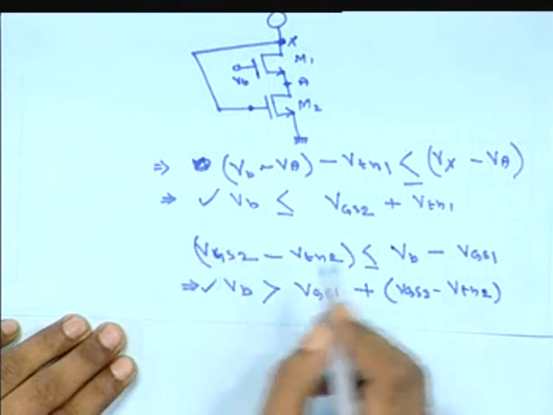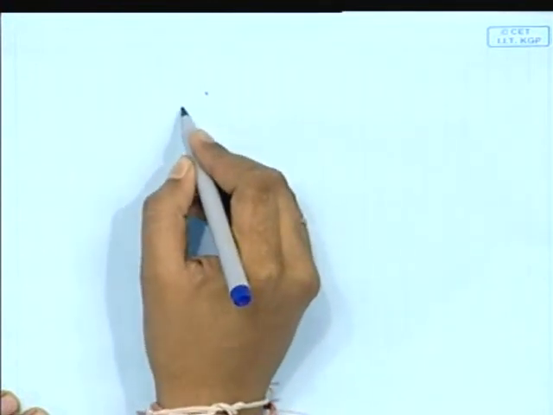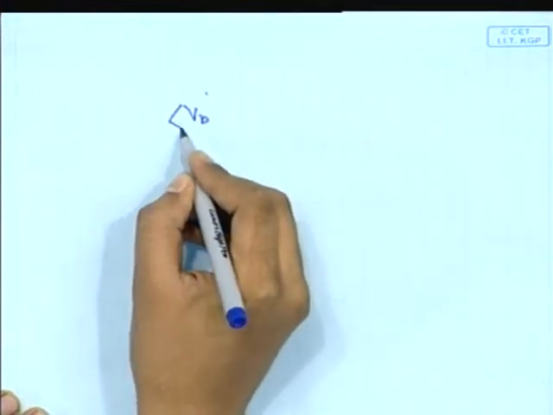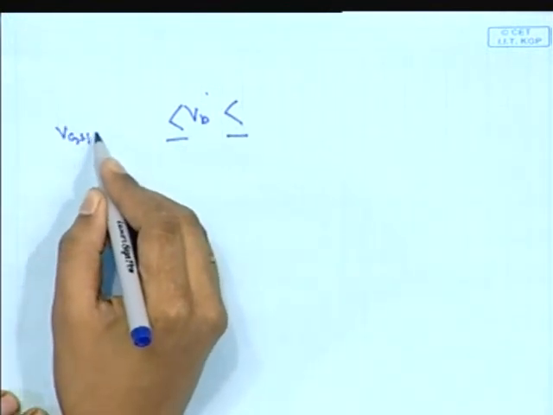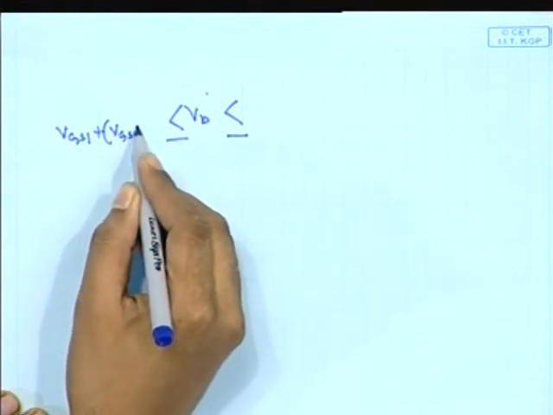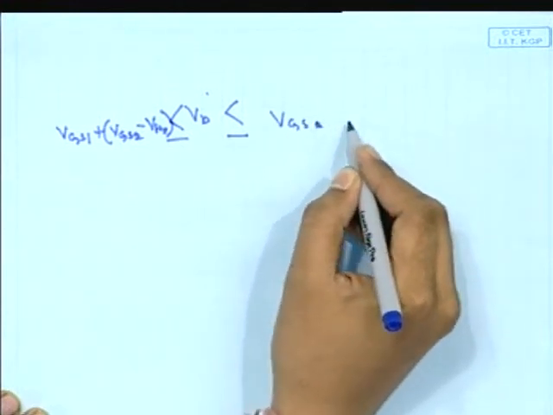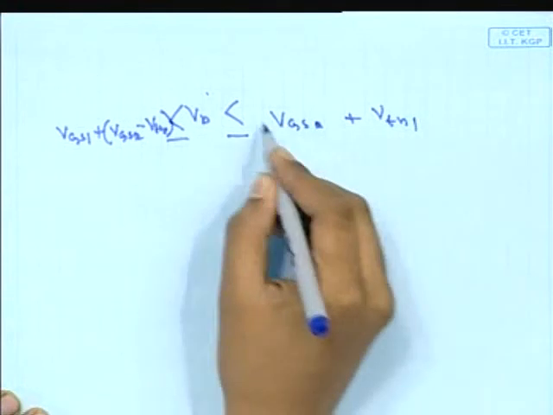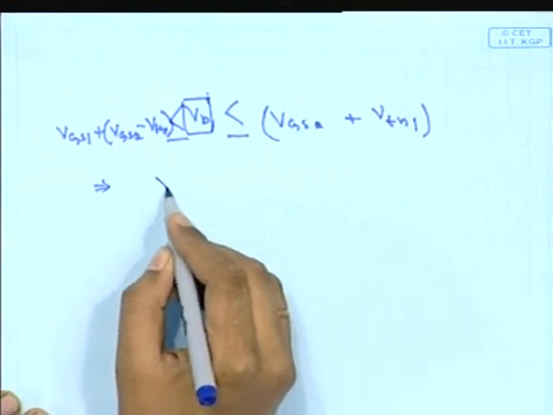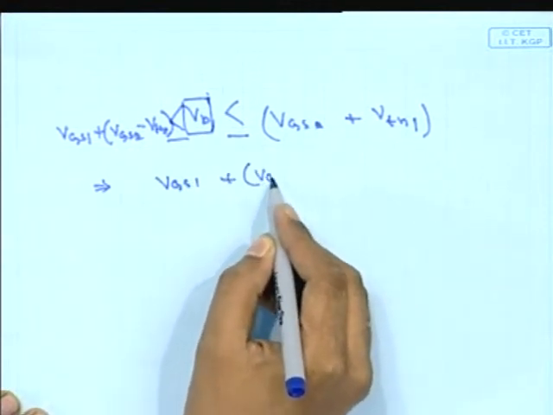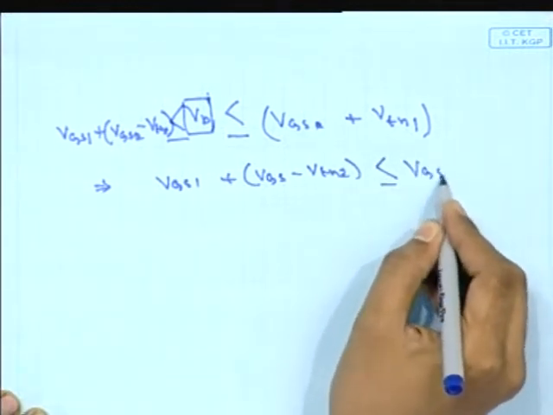From these two equations we get a limit of VB. There will be a solution for VB only if VGS1 plus VGS2 minus VTH2 is less than VGS2 plus VTH1.